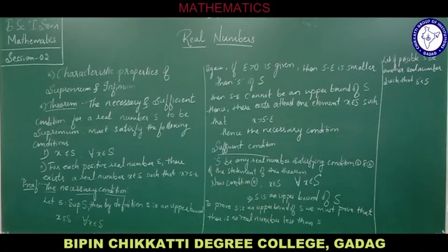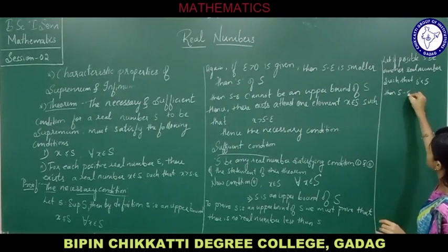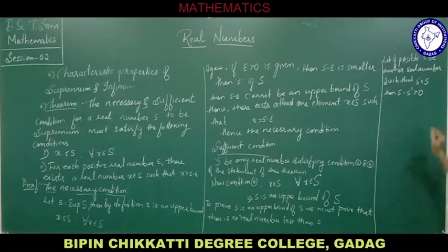How should it be? This s dash should be less than s. Then what is going to happen? Then s minus s dash is going to be greater than 0, no? Why? Because this s dash is less than s.